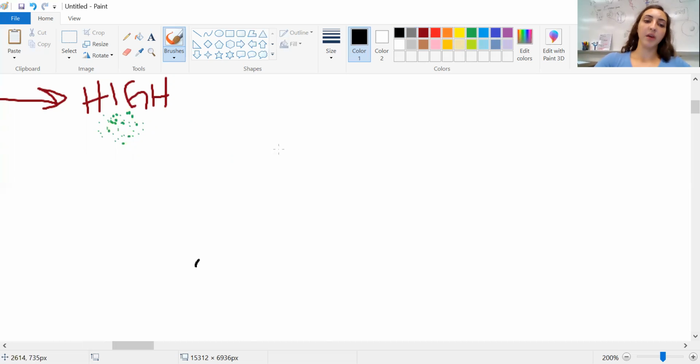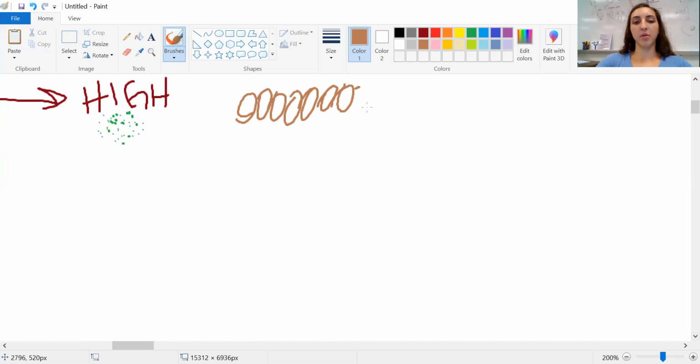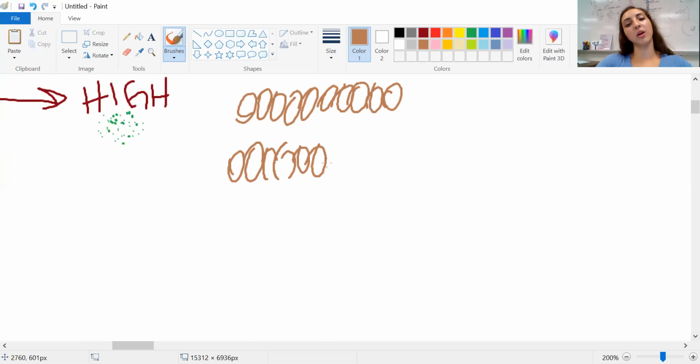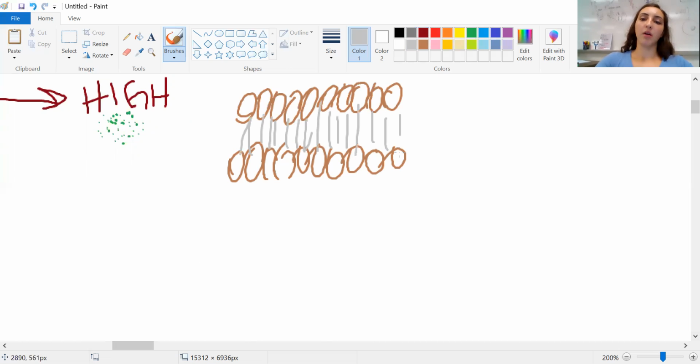Finally, the final type of active transport is going to be pumps. So let me redraw our lipid bilayer, phospholipid bilayer. This one also has a protein.